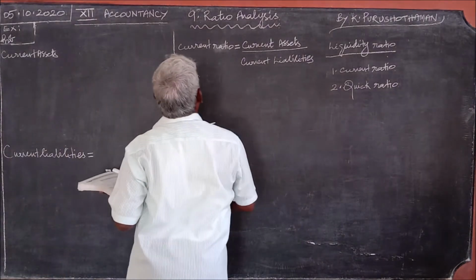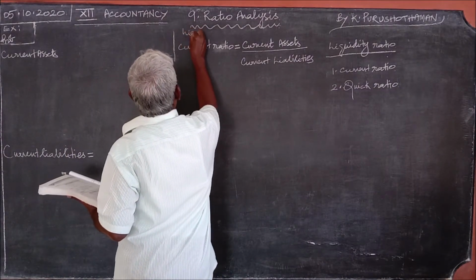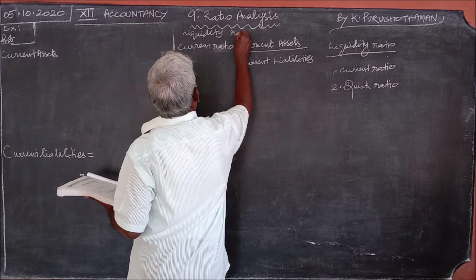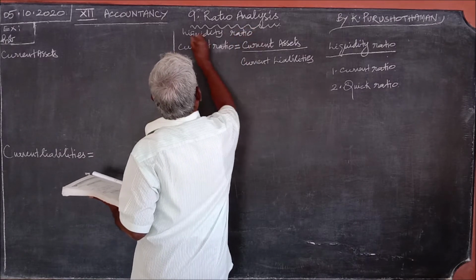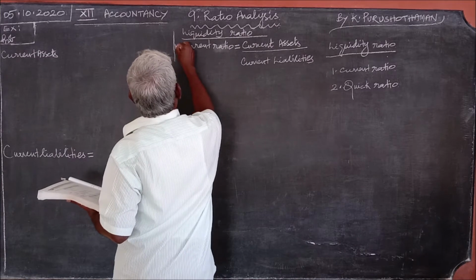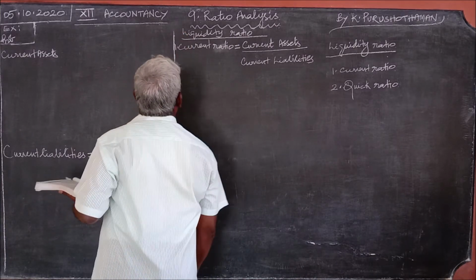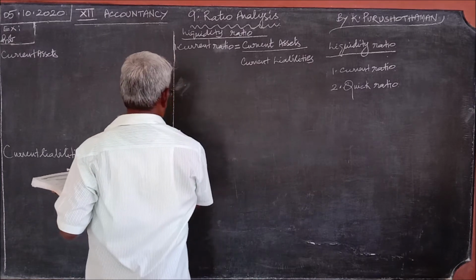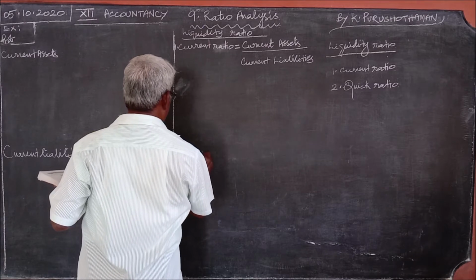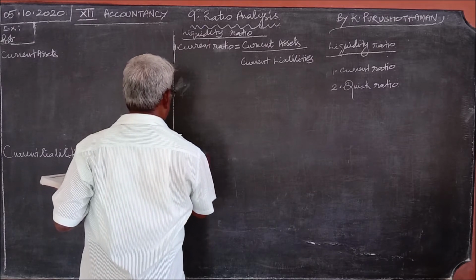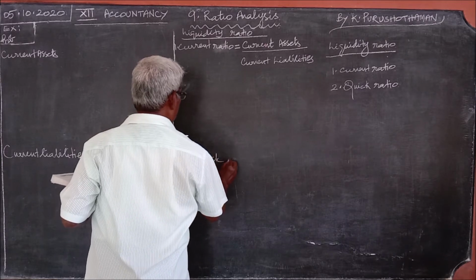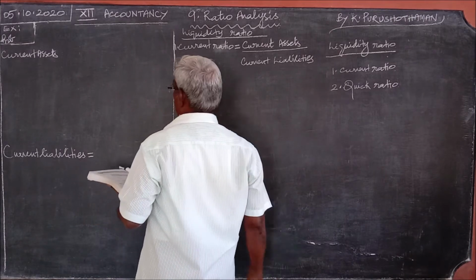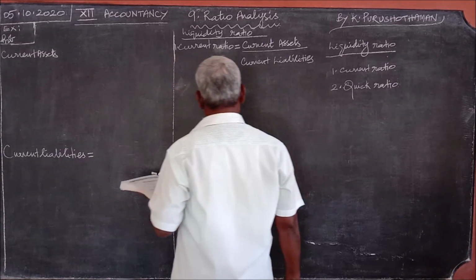This is the first type under liquidity ratios. Number 1, current ratio. Number 2, liquid ratio, quick ratio. Number 2, quick ratio. What is the formula for quick ratio?